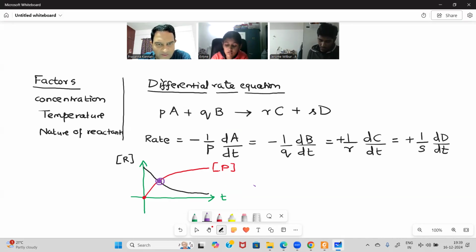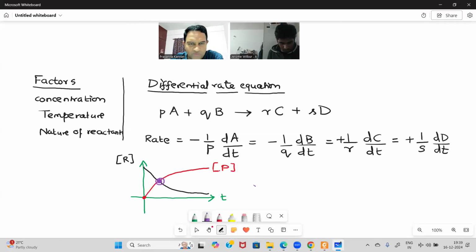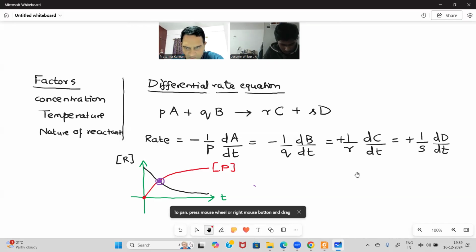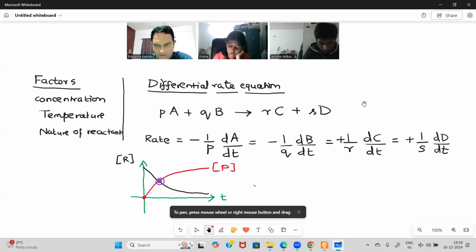Yes, Evelyn, can you tell me? Sir, equilibrium. Equilibrium, exactly, right? In equilibrium, the rate of forward reaction will be equal to the rate of backward reaction, right?